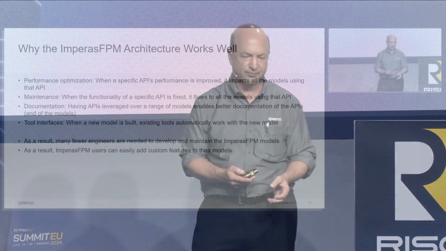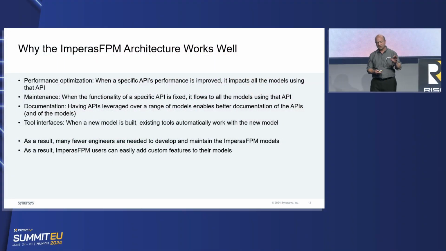I mentioned this before, but if you're building to the same set of APIs, and your tools are based on those APIs, then any new model is just going to work, and that's a really good thing as well. As a result, fewer engineers are needed to develop and maintain these models, and as a result, users can easily add custom features to their models and have those models be used by their teams quite easily.